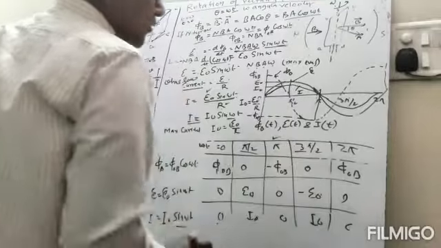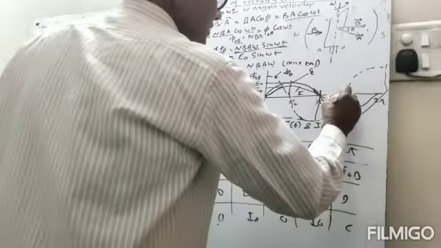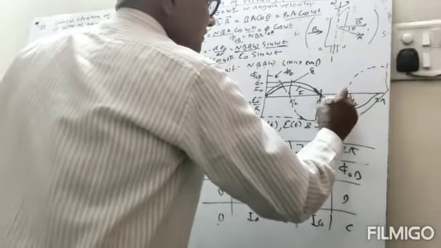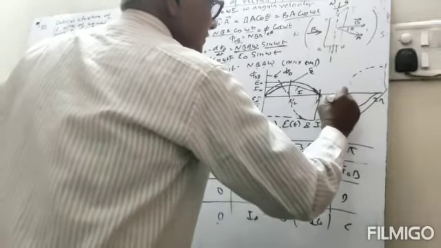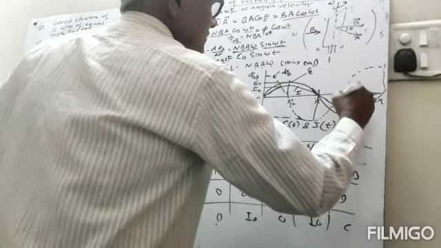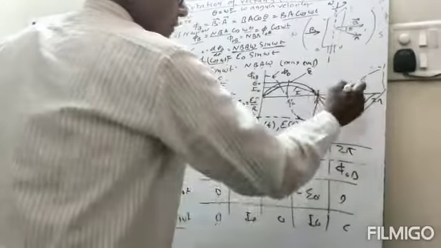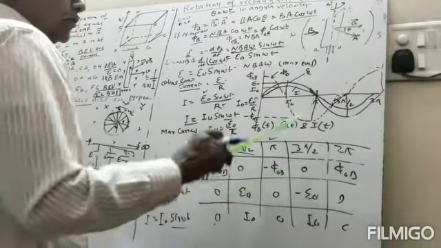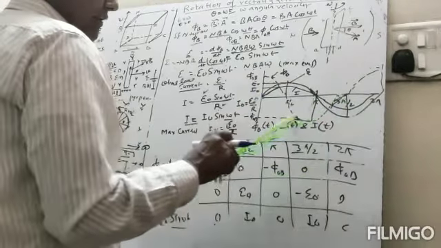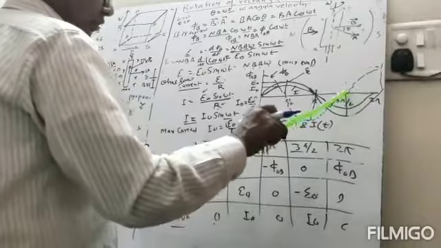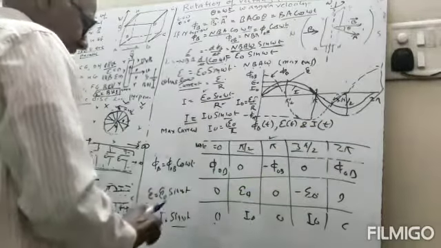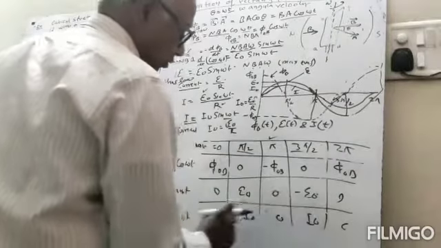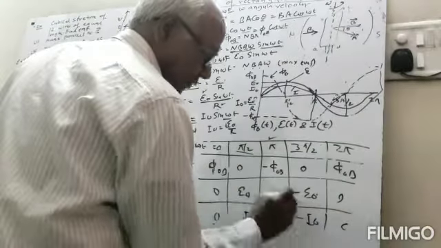When it is equal to 3 pi by 2, cos 3 pi by 2 is 0. So flux will be equal to 0. And sin 3 pi by 2 is minus 1. So EMF will be equal to minus E0, and current will be equal to minus I0.